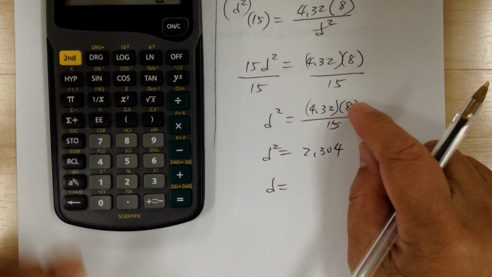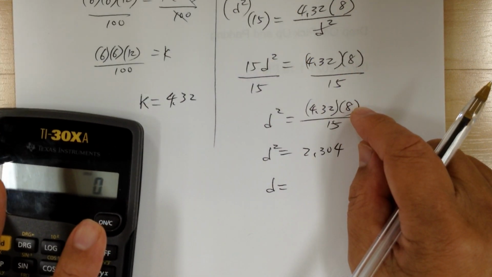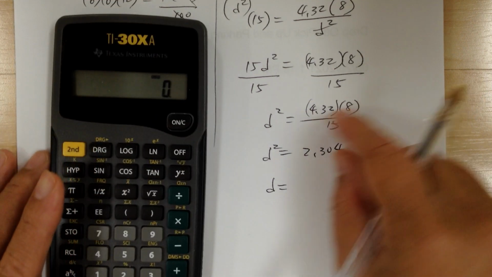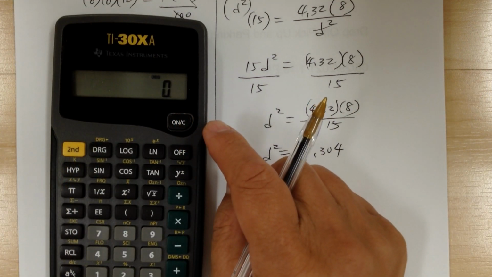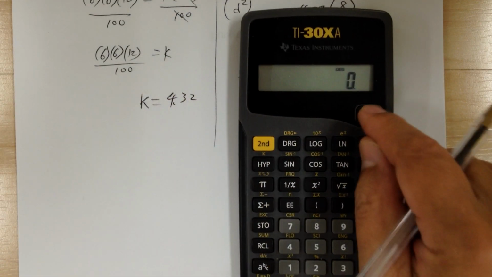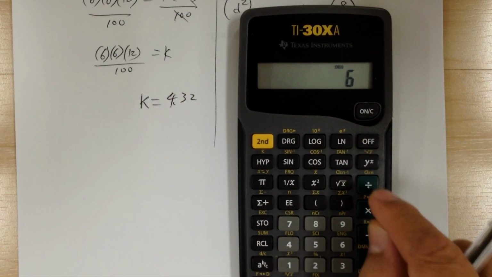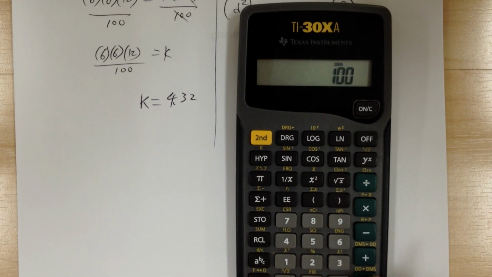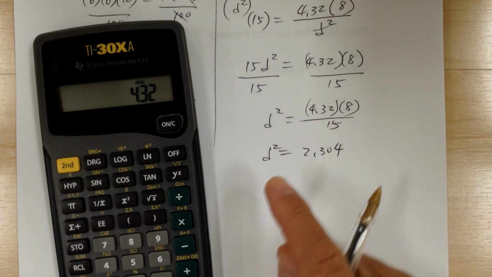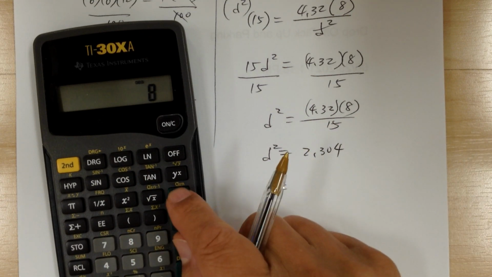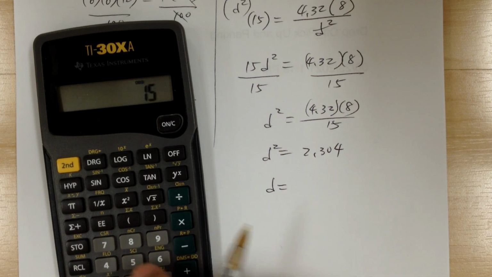Back up. Let's see. Double check our math. 6 times 6 times 12 divided by 100 is 4.32, and then times 8 divided by 15.